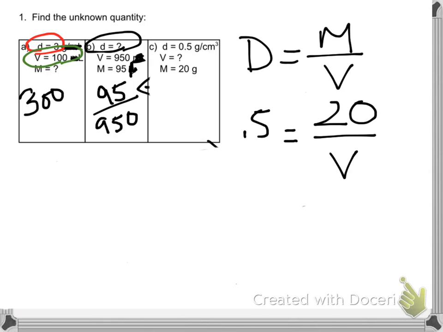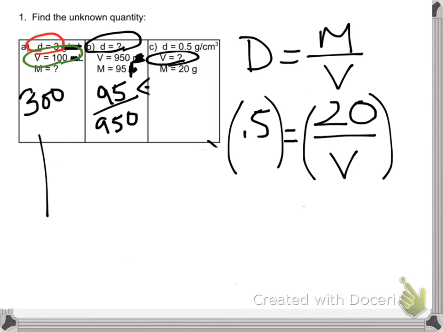Now remember, we're trying to get the letter by itself, the one that I'm trying to solve for, which in this case is V. Now sometimes it takes a couple moves to do that. The first thing you want to do here, guys, is get the V by itself. But the problem is it's in the denominator, so it's not as easy as it was in the first problem that we did, where we just multiplied by the denominator and we were done.